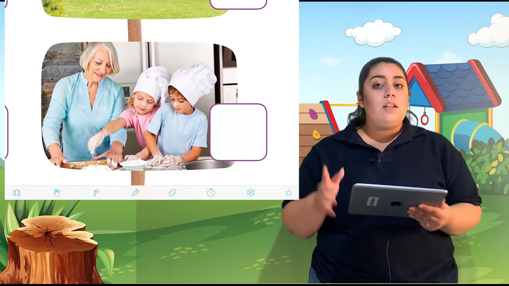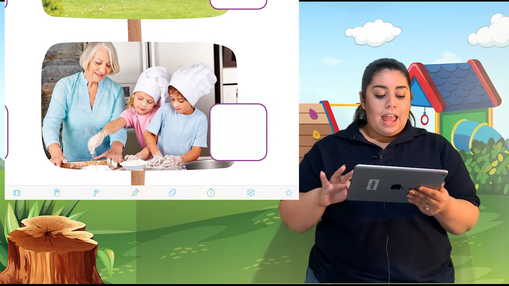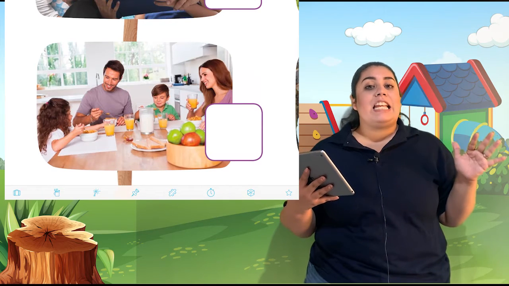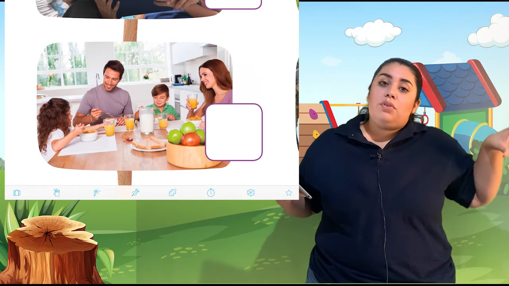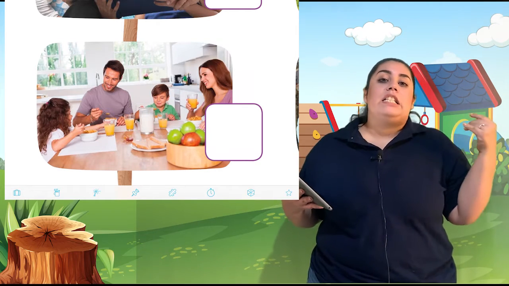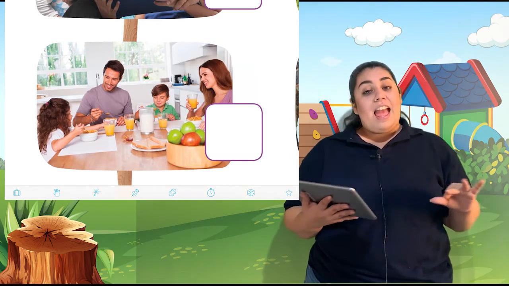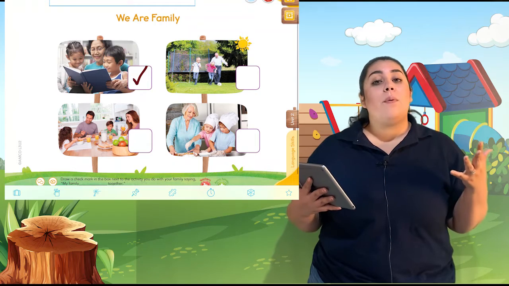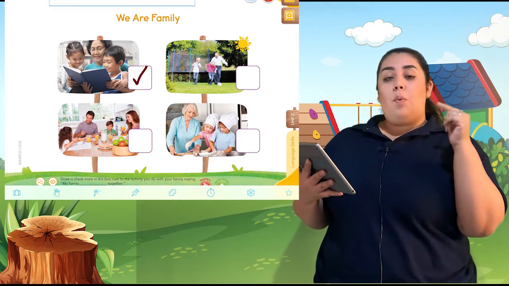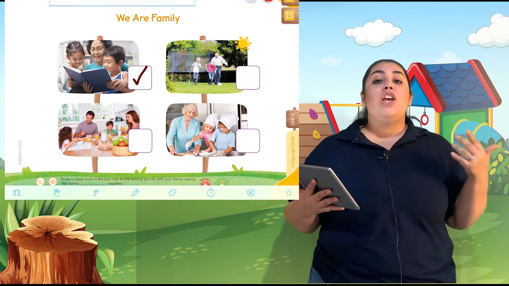If you do it, put a check mark. And the last one is everyone in the family eats at the table of your house. If everyone reunites at your table and eats dinner, breakfast, or lunch, let's put a check mark over there. And you will see and tell me how many activities like the ones described over here you do with your family.